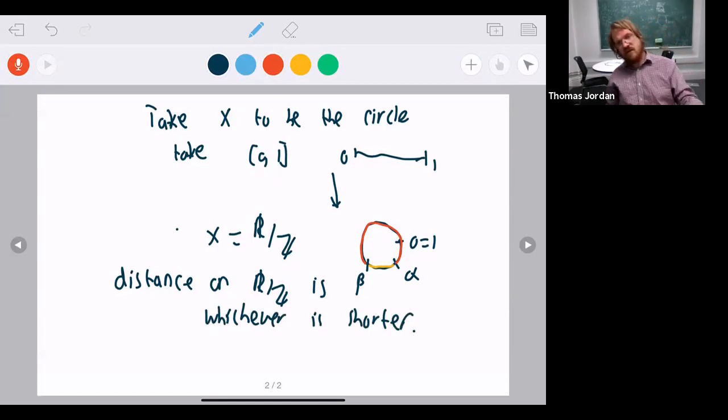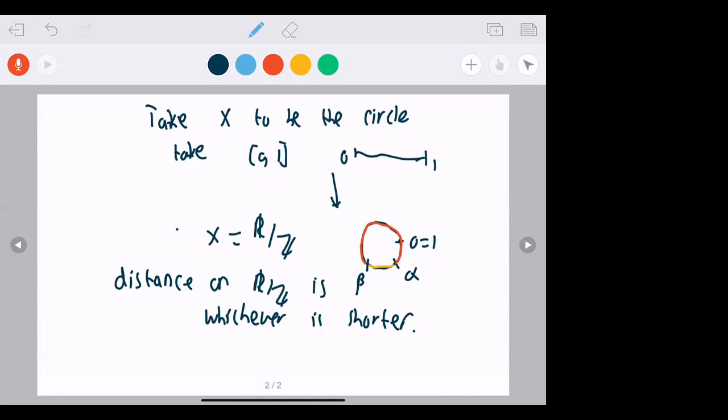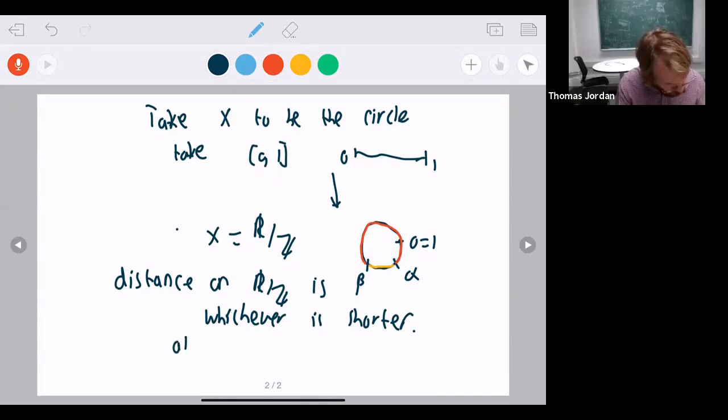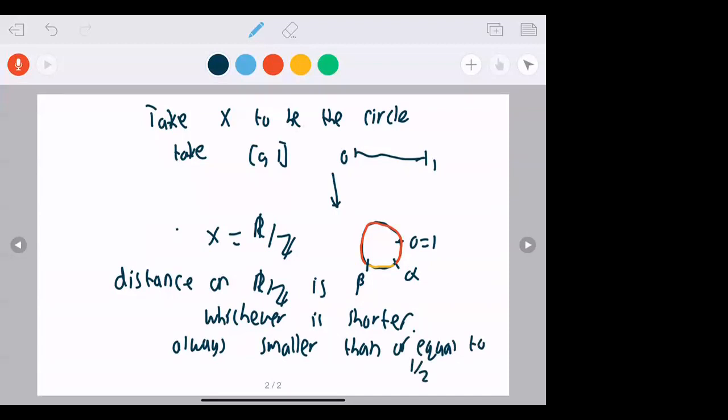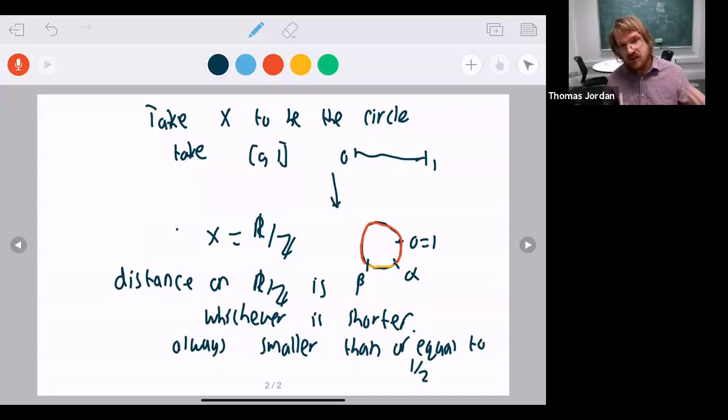So you can either go clockwise round from alpha to beta, or we can go anti-clockwise, and we just take whichever is the smaller of the two, and that'll give us our distance. And this is always smaller than or equal to a half, because there'll always be one way round which is quicker. So this is our setting for our first dynamical system.